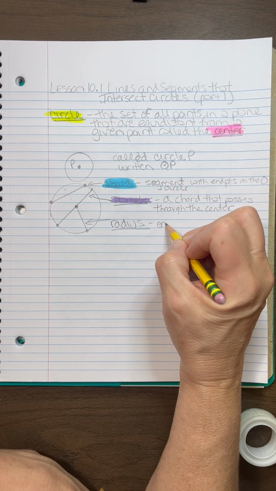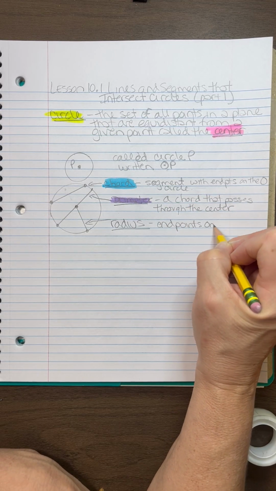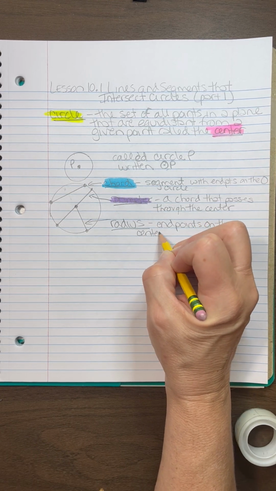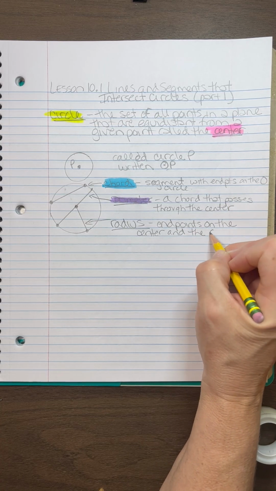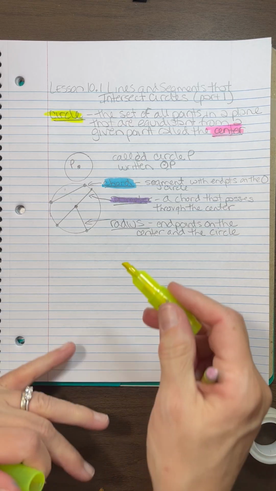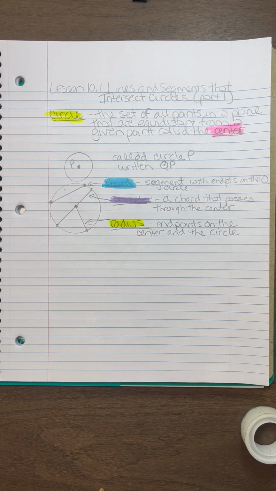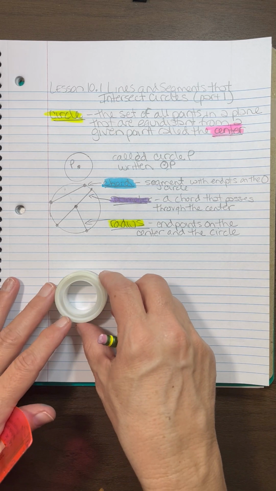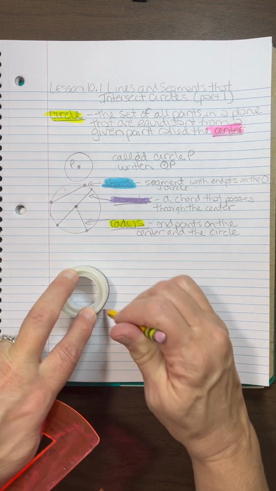That has endpoints on the center and on the circle. Okay, so those three you'll need, and then this last couple we're going to work with too in this chapter.